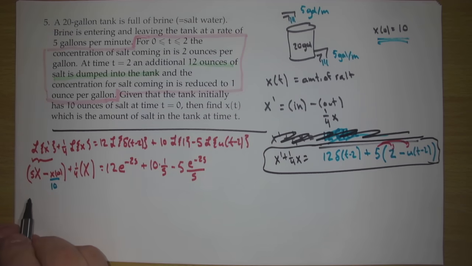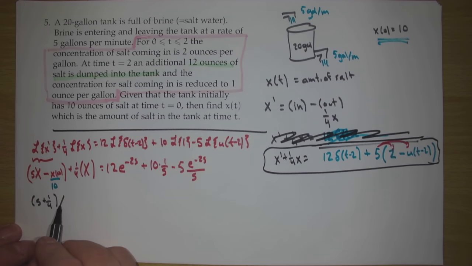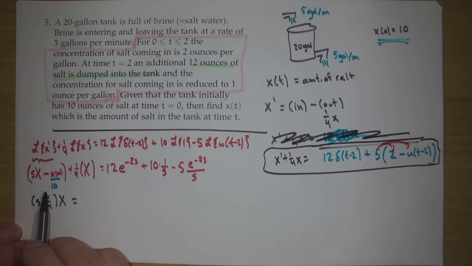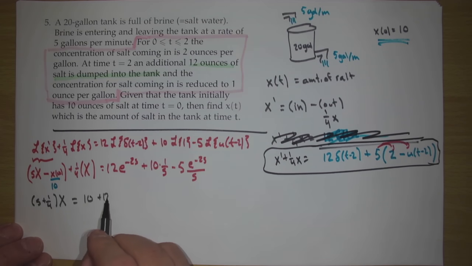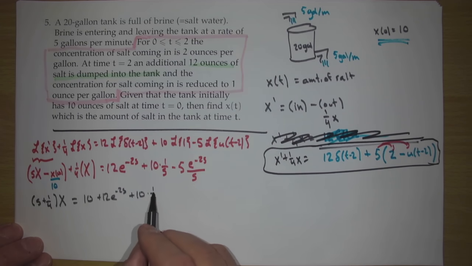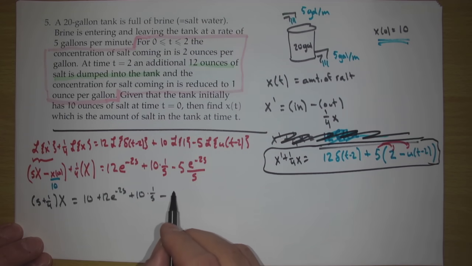So we have (s + 1/4) capital X. We'll move the 10 across. That's 10 plus 12 e to the minus 2s plus 10 times 1 over s minus 5 times 1 over s e to the minus 2s.